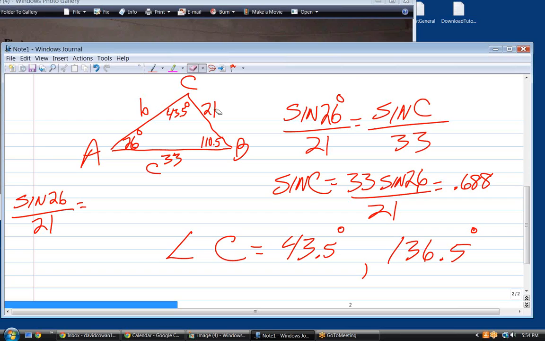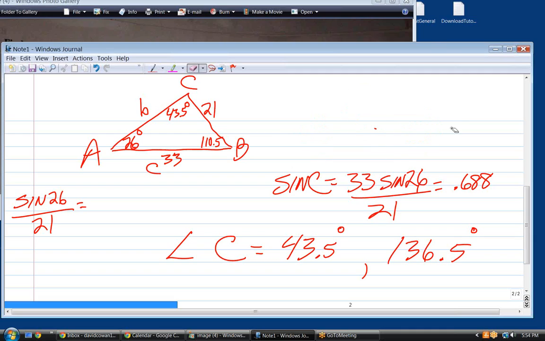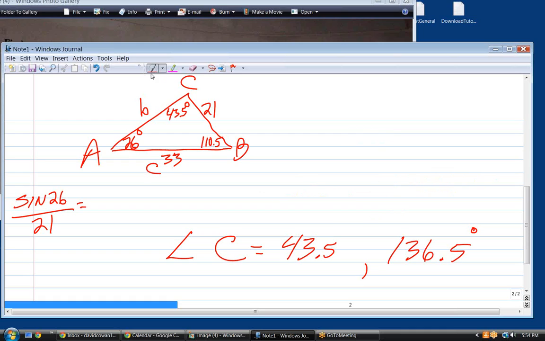Hold on a moment. Let's see if I can straighten my mind out here. I don't think I can without redrawing this thing. I'm going to redraw this, only because I'm confused.